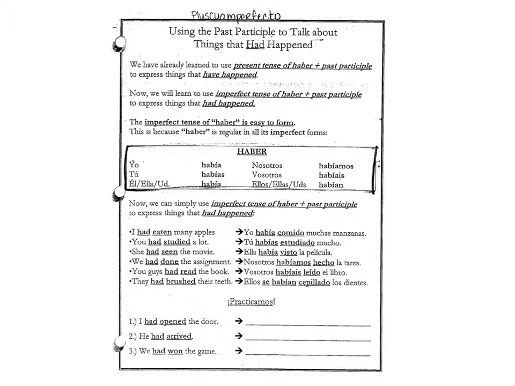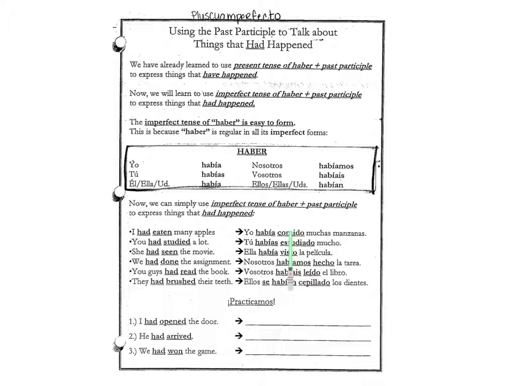And again, you use these for things that had happened. So I had eaten many apples. Remember, the only thing that's going to change is the verb haber. Your past participle is going to stay the same. So yo había comido. Comido comes from the verb comer, which is an ER verb.